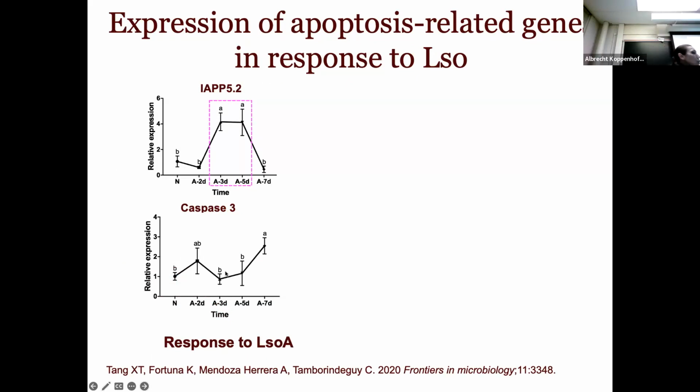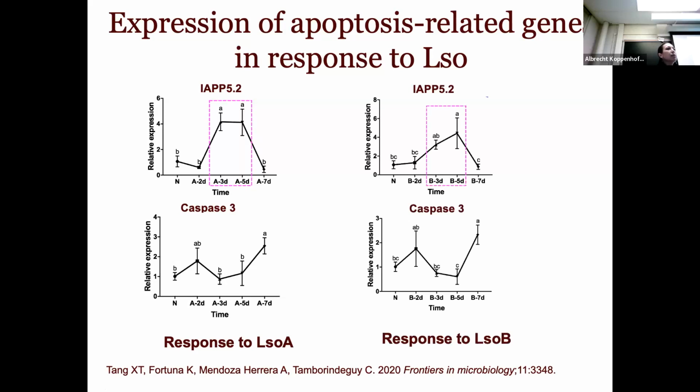Caspase is the executor of apoptosis. So caspase is making apoptosis, and the inhibitor of apoptosis is in fact inhibiting the caspase. So we see that caspases are downregulated and the inhibitors of apoptosis are upregulated, so no apoptosis. This is in response to LSOA, and the same thing in response to LSOB. So this seems like a common mechanism, and we didn't see apoptosis in response to either LSOA or LSOB.